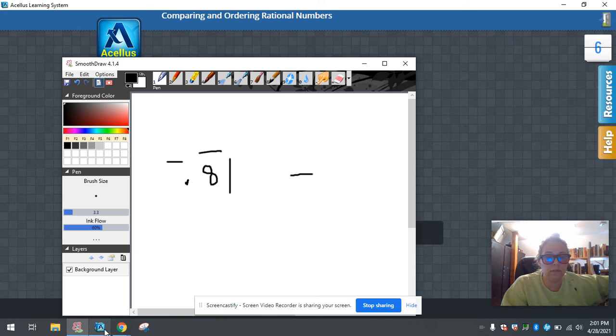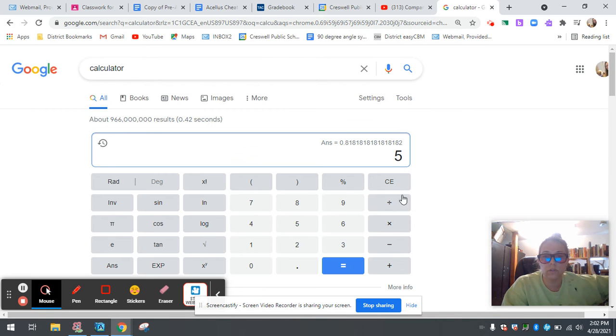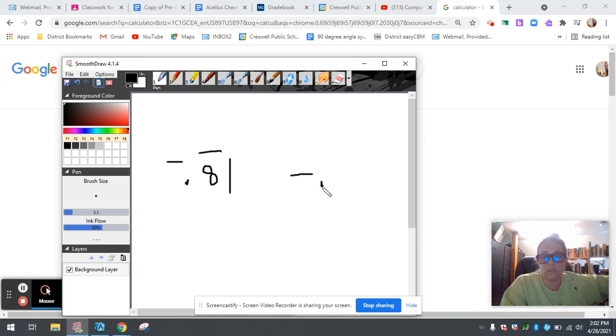Negative, let's see what 5 divided by 8 is as a decimal. 0.625. And you'll notice that we have a digit in the thousands place here, and we don't have a digit in the thousands place in this one, so just add a 0.